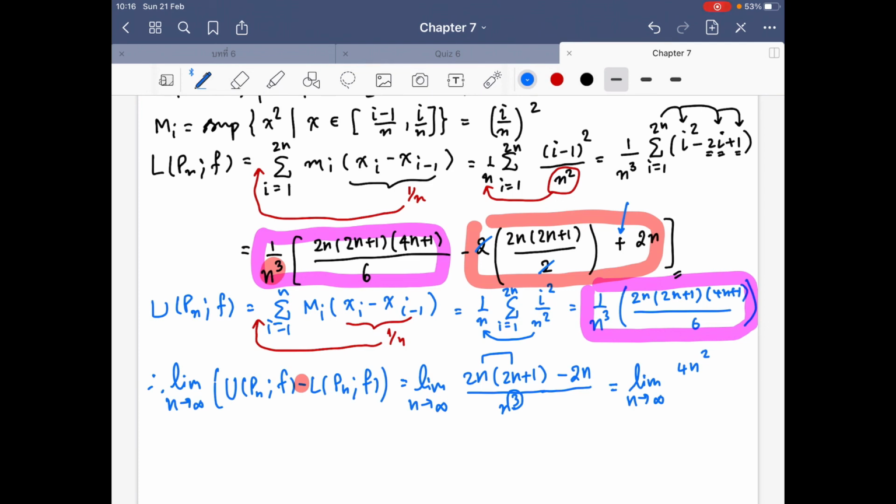It's only 4n squared, because the 2n and the 2n cancel, over n cubed. And it is a limit of 4 over n, which is 0, of course, right?